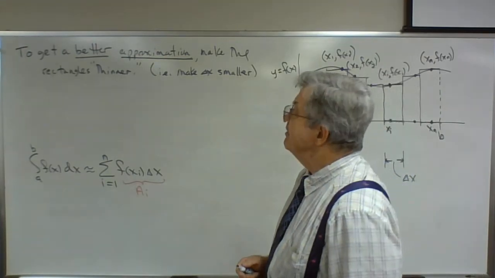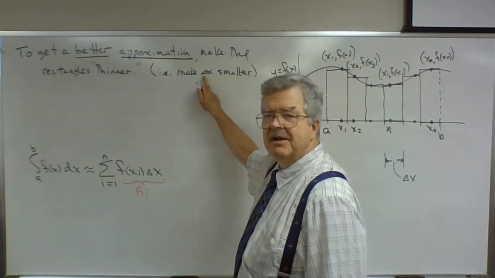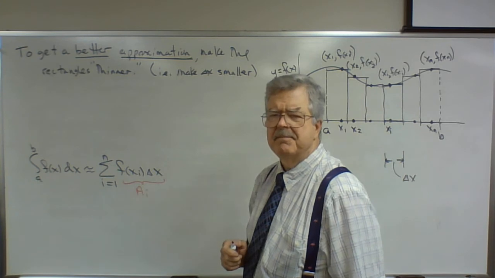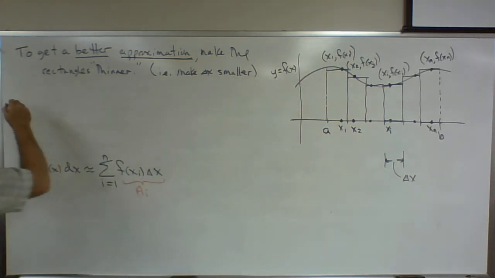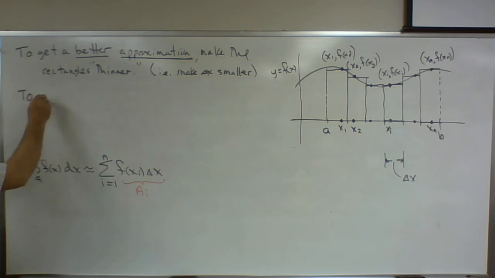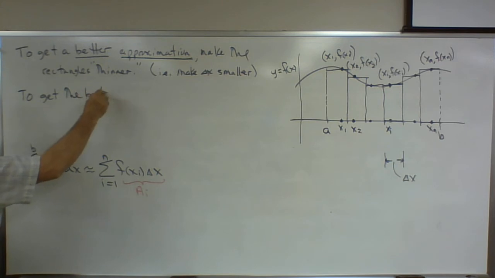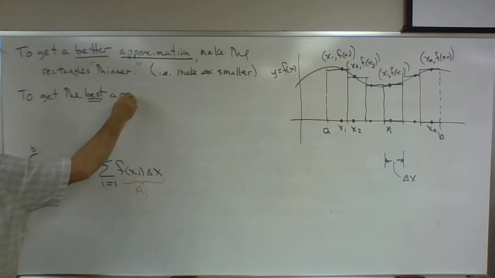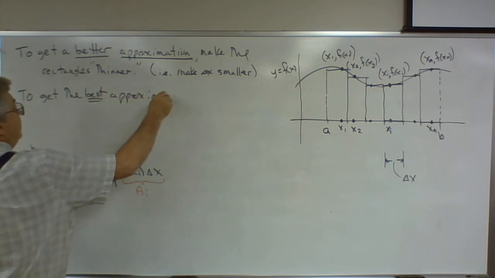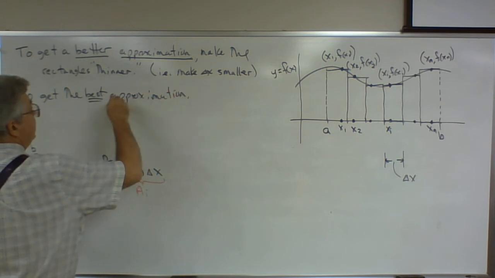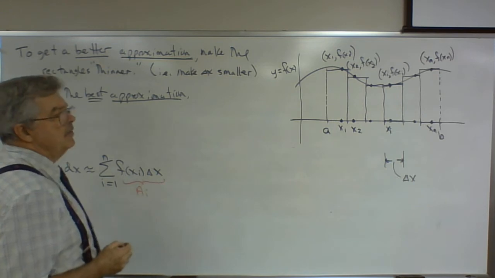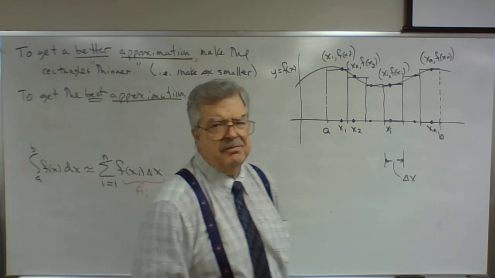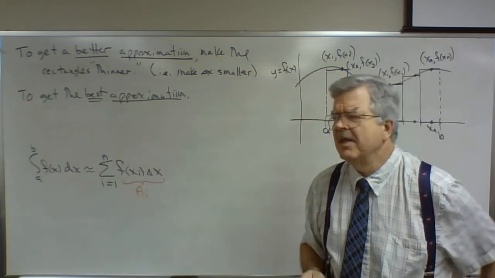And so to get an even better approximation, we make delta x even smaller. And we said, this is good, but we want the best approximation. We make delta x as small as we can.